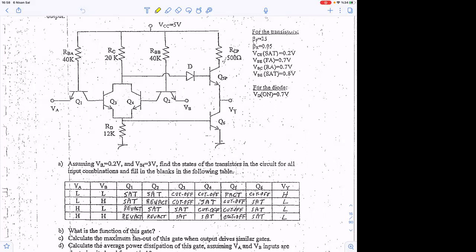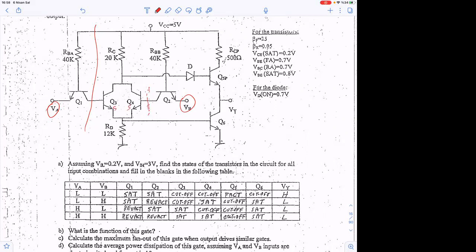So look at the input stage. It's very familiar, right? Input A, input B. This is the same. And then the splitter transistor, right?